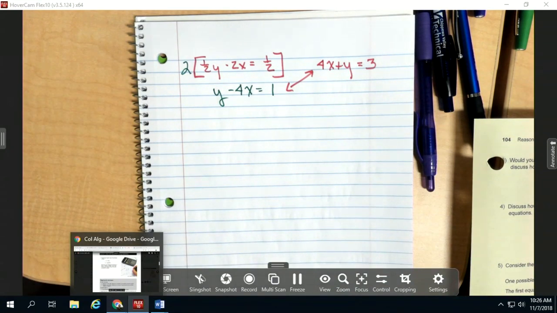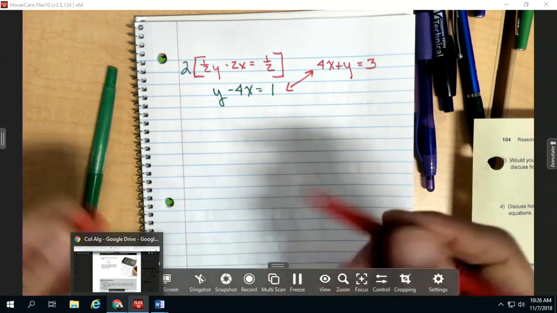At this point, somebody said, well, Kevin, those two equations are parallel, because they saw the y and they saw the 4x and they ignored, what did they ignore? The negative sign. Do you see that? So not only are these equations going to cross, they're actually going to be perpendicular to each other.